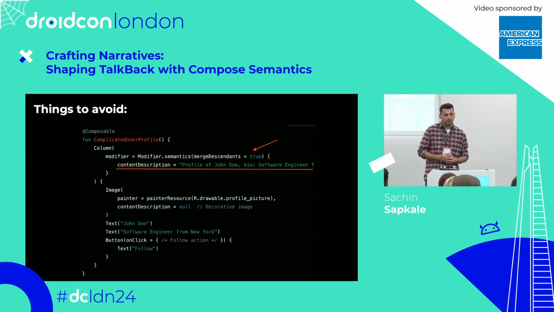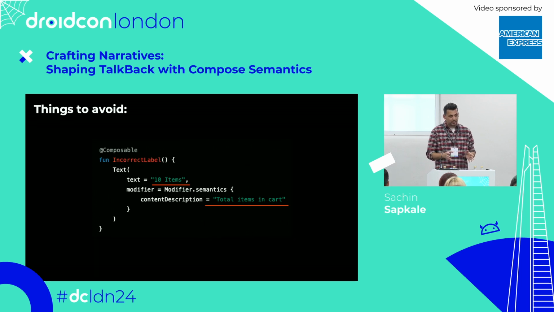So what it's going to do is read out the content description first, the entire long sentence, and after that it's going to read out the UI elements within that column. So that again adds to the degraded experience of TalkBack. And the last thing you want to do is provide correct information to the TalkBack user. So please use the semantics responsibly.